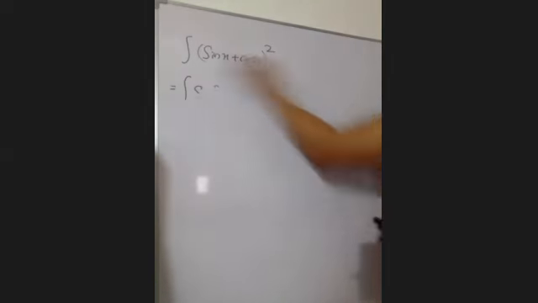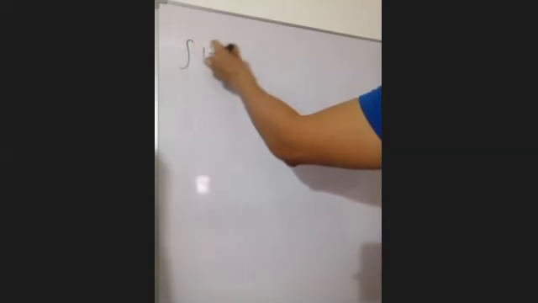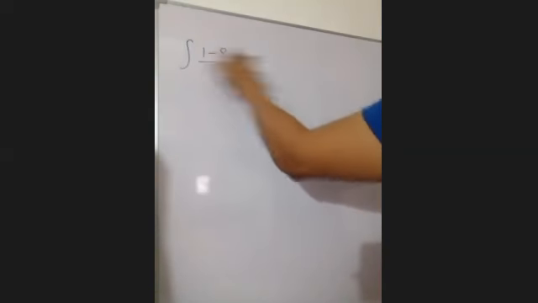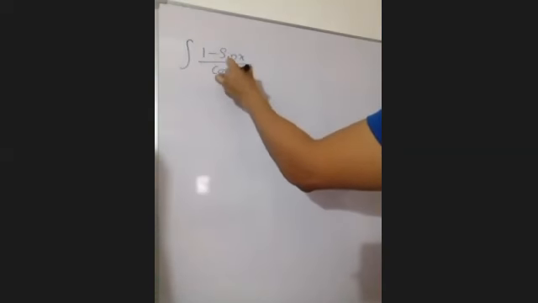Then if you happen to simplify this kind of situation, I'm just doing random questions, but you just work it out and get it. Take (1 minus sin x) over cos squared x.